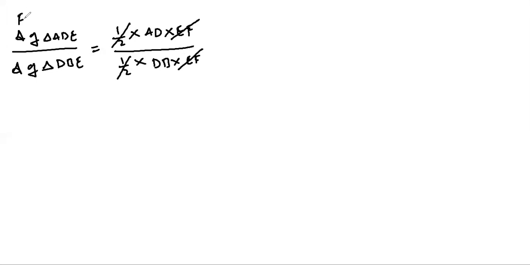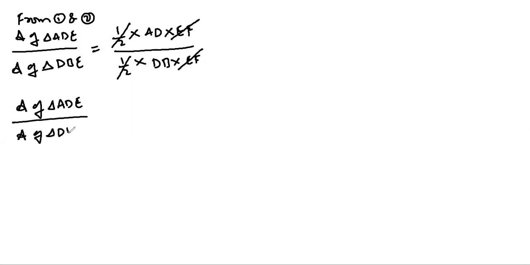From 1 and 2, that means area of triangle ADE divided by area of triangle DBE is equal to AD divided by DB. So you take this as 1.